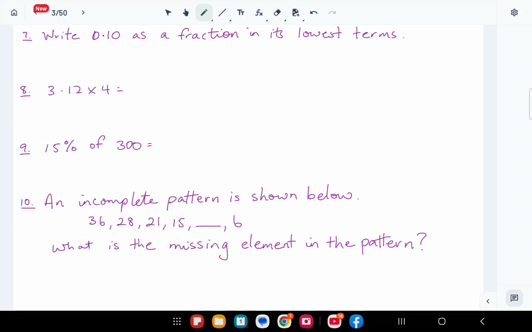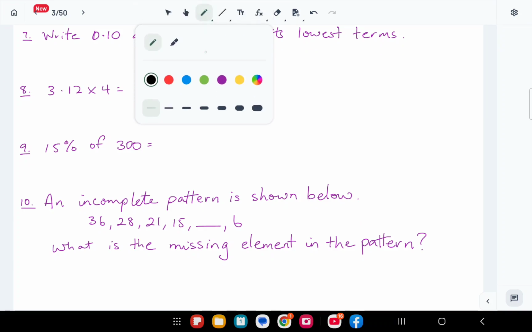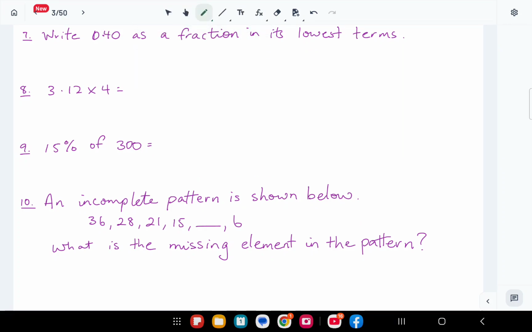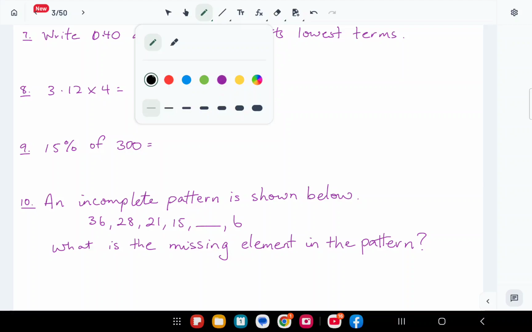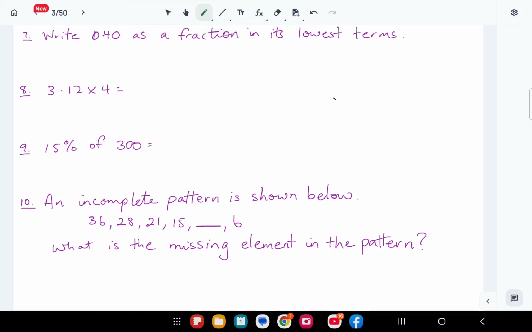Moving on to number 7, write 0.40 as a fraction in its lowest terms. To represent a decimal as a fraction, you put 0.40, draw a vinculum, under the point we put a 1, and all the digits on the right-hand side we replace with a 0 underneath.